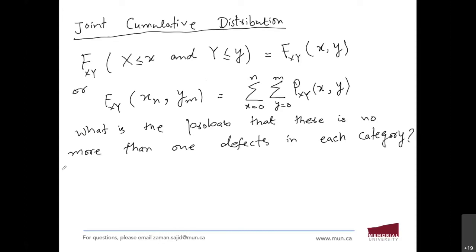Now I want to find out the joint probability of x and y when my x variable is less than or equal to 1 and y variable is less than or equal to 1.